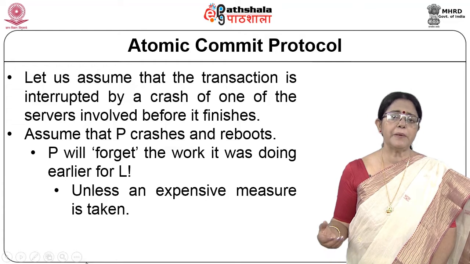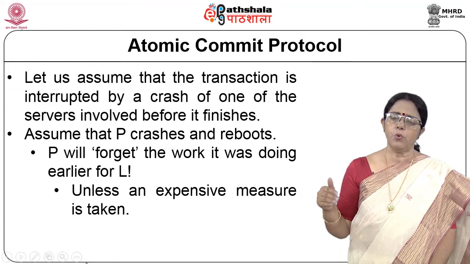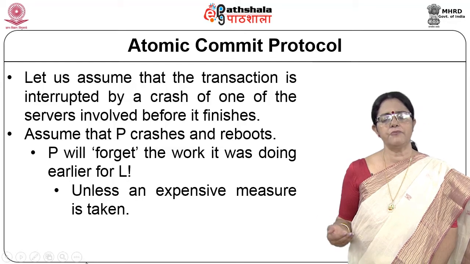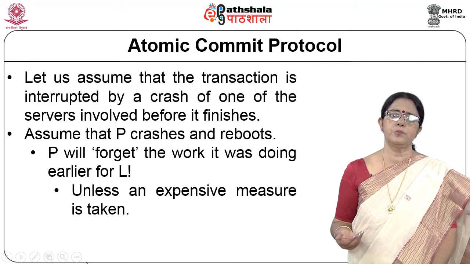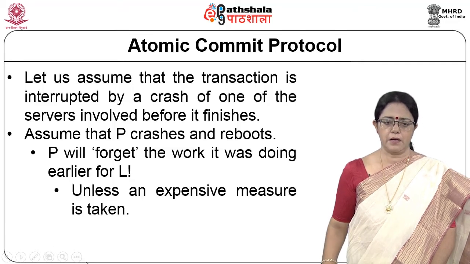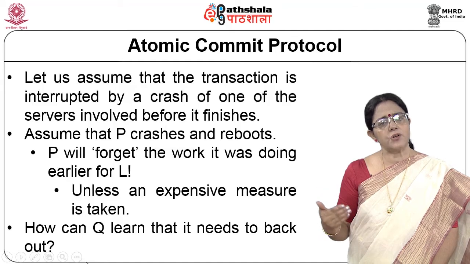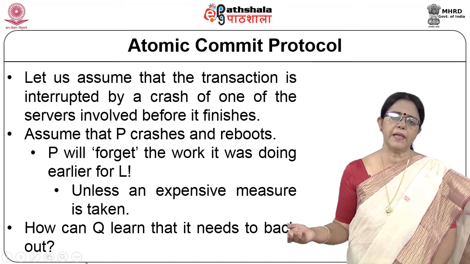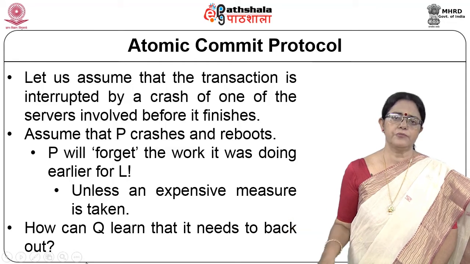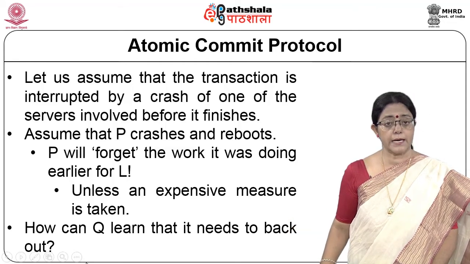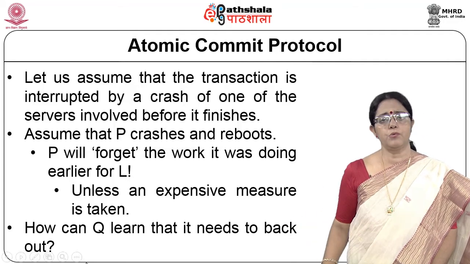So, it will not remember what it was doing halfway. To ensure that it does not forget, we have to take some expensive measures. Now, if P does not want to continue, how do we make Q understand that P has forgotten? So, we are trying to abort the transaction, and Q also has to back out from whatever it has done.